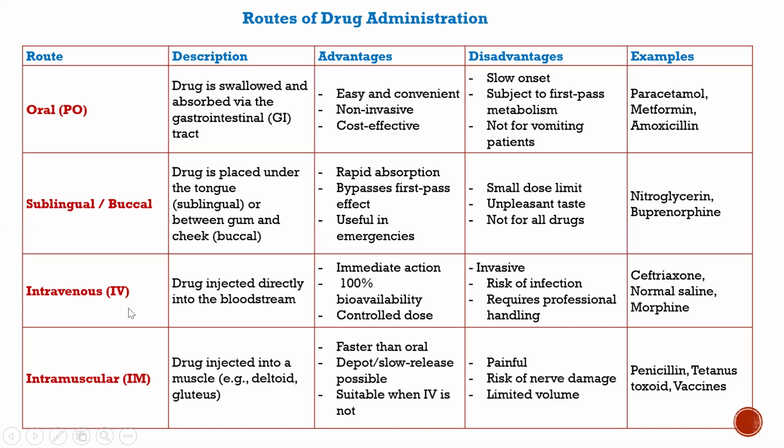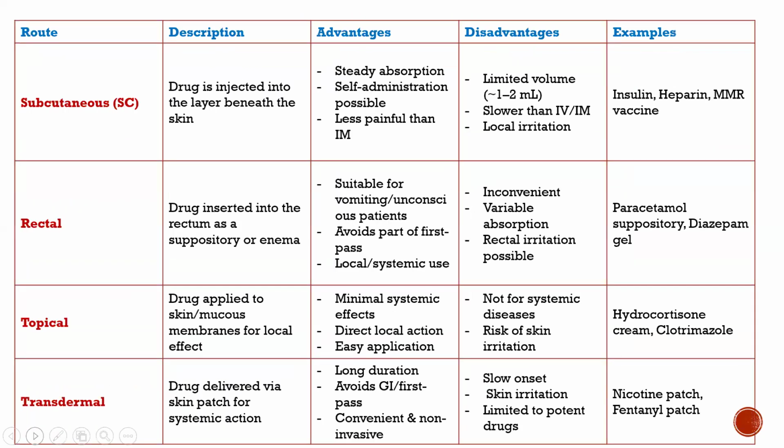All right, but in intravenous, it goes straight to the vein and then into the system, like into the bloodstream. Okay, so there's nothing that is disrupting it, so they are 100% available. Okay, so we have intramuscular, that is a drug injected into the muscle, and a whole lot of them. So I listed them with the advantages, disadvantages, and then some examples of drugs that can be taken through that route.